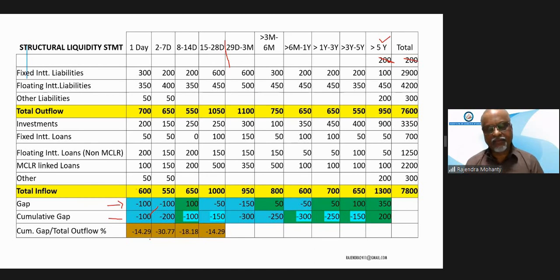Now the question will be asked, when you have calculated these cumulative gap to total outflow percentages, how much this cumulative gap to total outflow percent is exceeding the RBI's requirement.